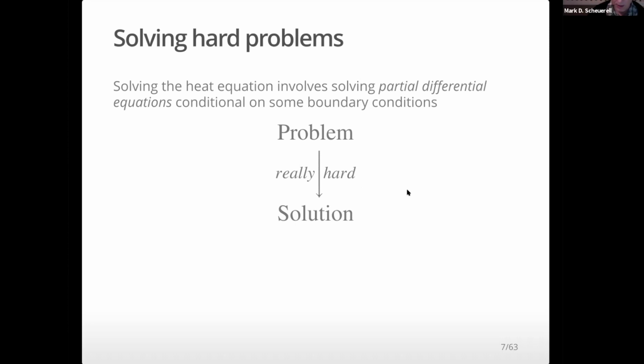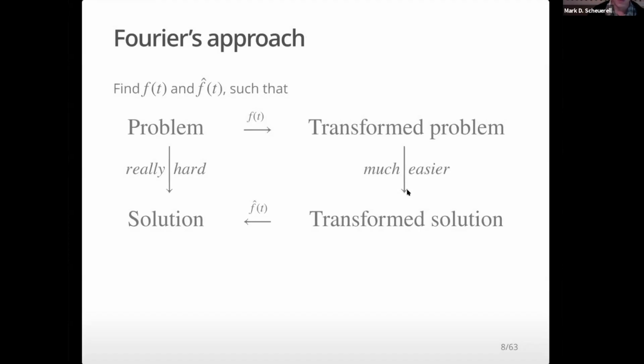So what Fourier figured out was, well, what if I started here with my problem, and instead of going straight through to the solution via some really hard route, this is climbing Mount Everest straight up, what if we just sort of circled around it slowly and got to the top?